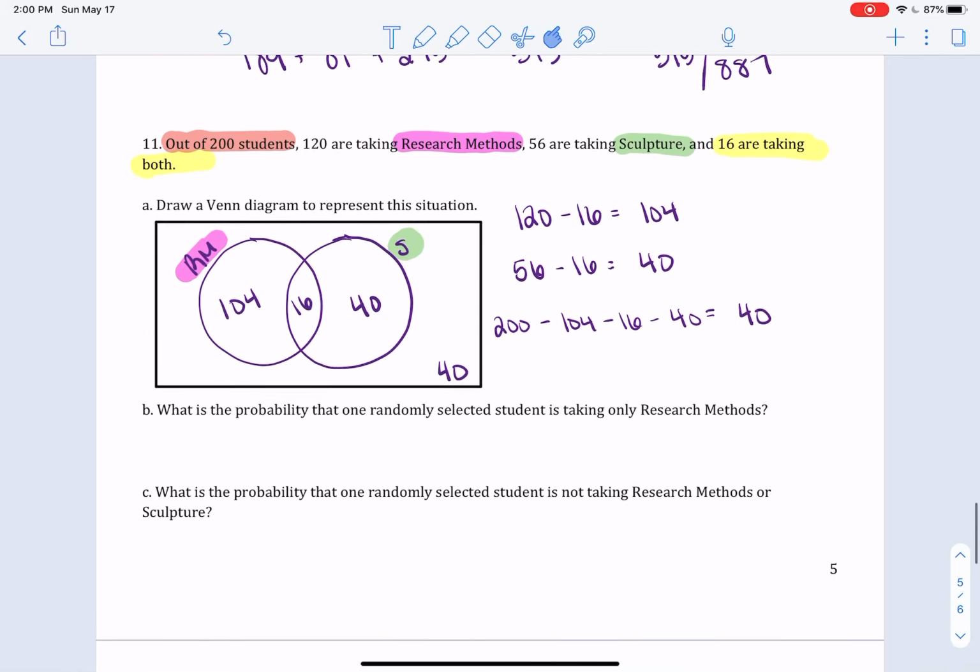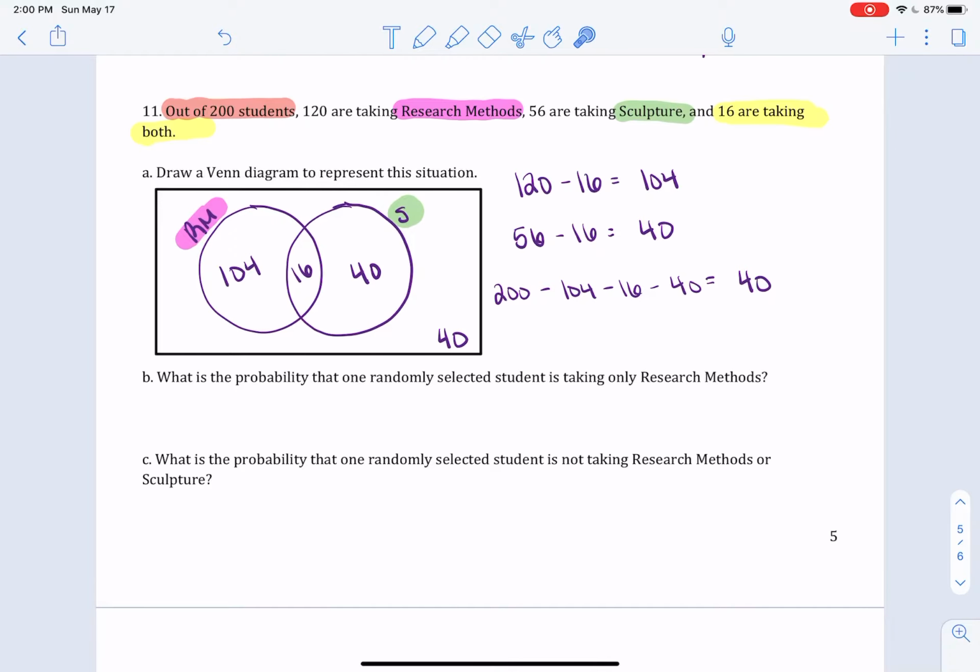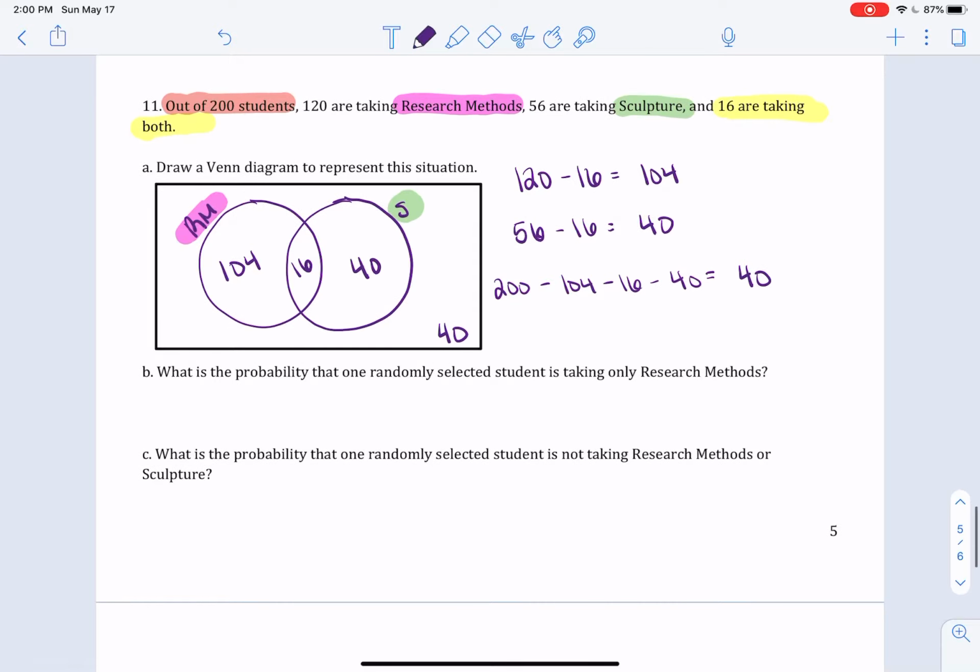So now it says, what is the probability that one randomly selected student is taking only research methods? Okay, so let's look here. These are the students right here, the 104. They only take research methods. They're not taking both, and they're not taking sculpture, and they're not taking neither, right? So I'm going to write 104 out of our total, which is 200.